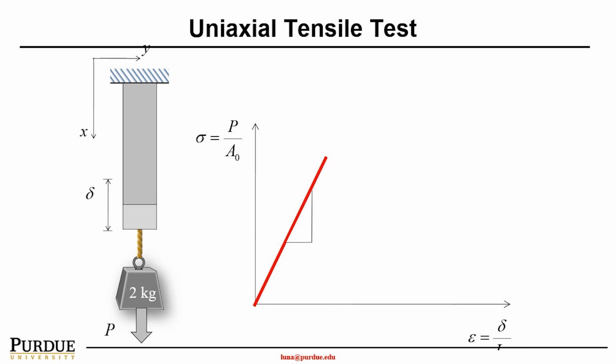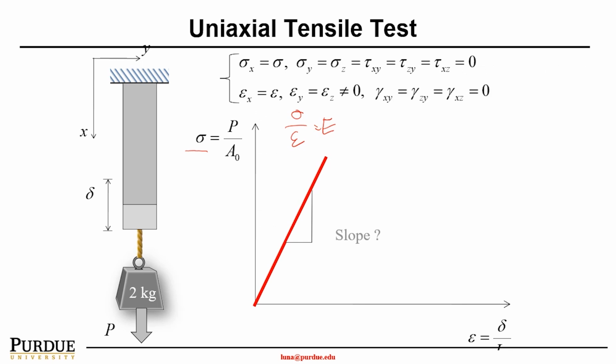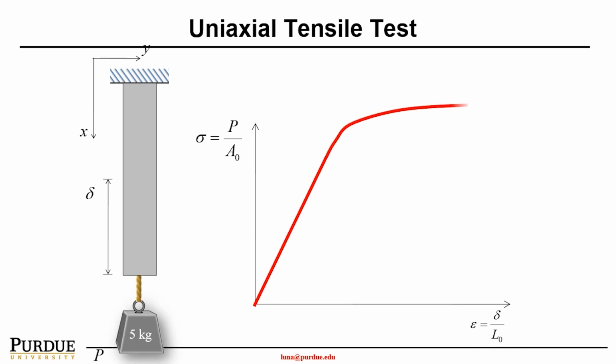And again, this sigma over epsilon is the modulus. As shown here, we have seen the material has very linear behavior. That means with the increase of the stress, the strain increases linearly.